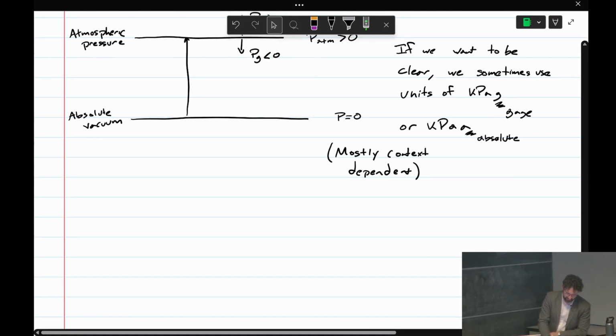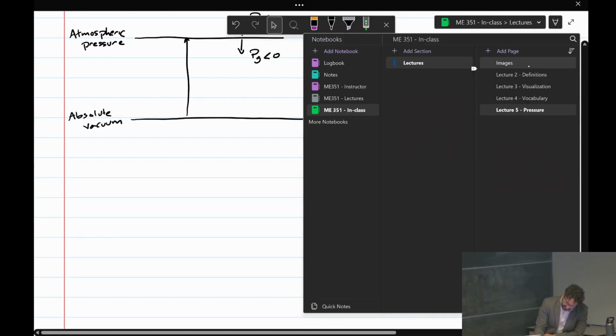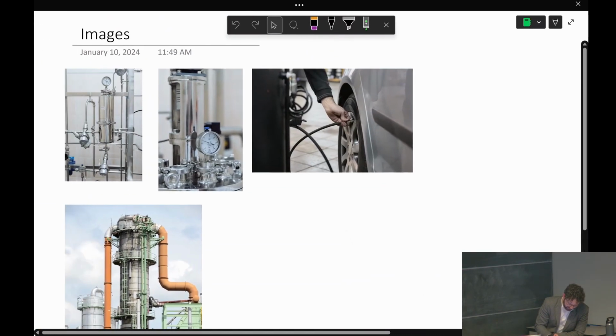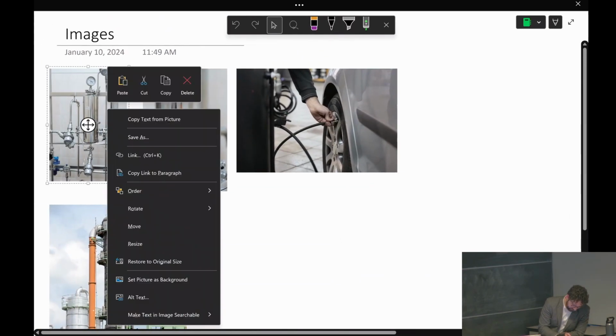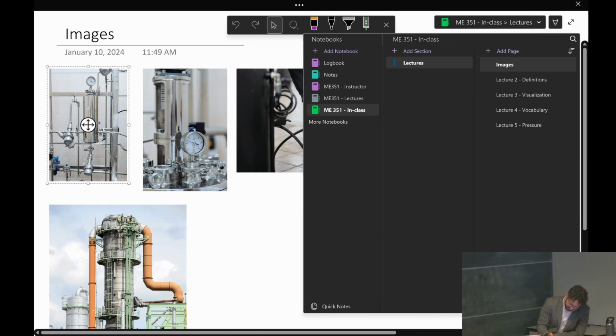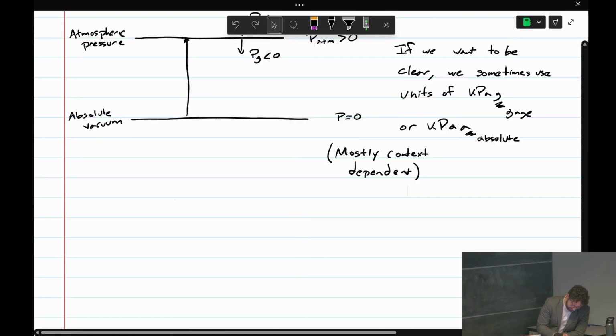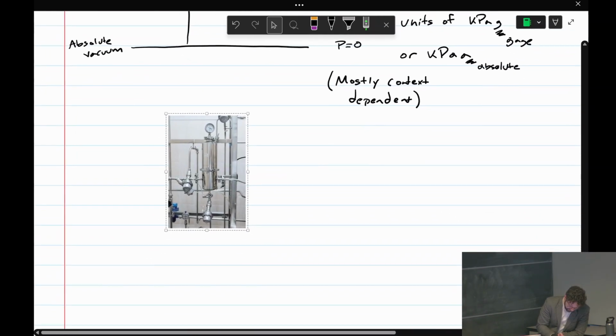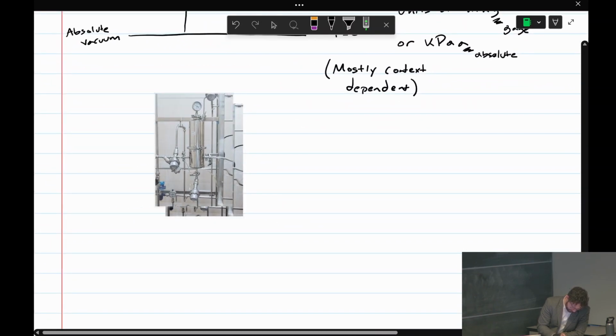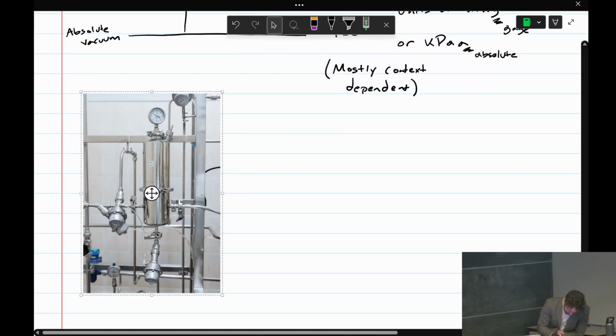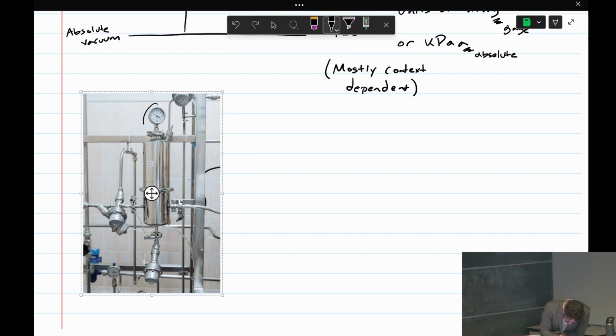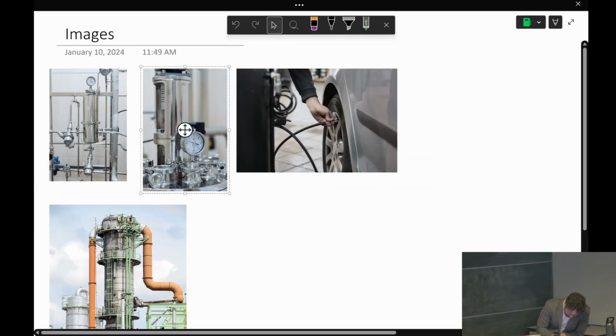So I have some pictures now I can show. And the reason that it is, as you guess, called gauge pressure is it's relative to, so say you have some sort of equipment here, and there's a pressure gauge. That looks like pressures in units of bar on that gauge.